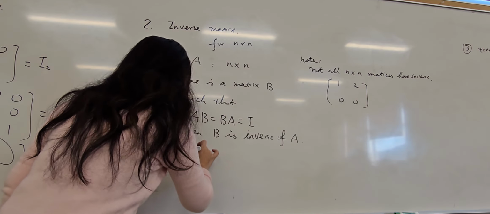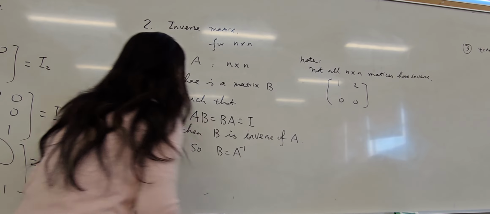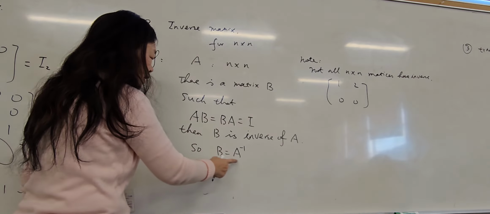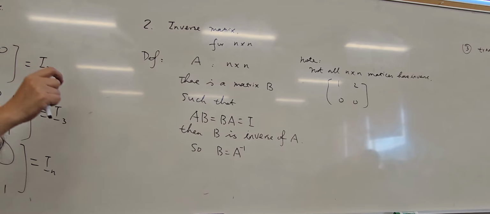So we can say B is equal to A inverse. Okay, you can do that. B is A inverse, and that means that A has an inverse matrix, right?